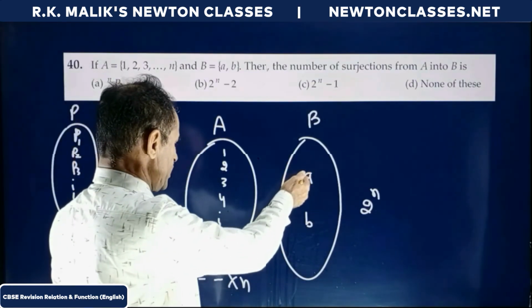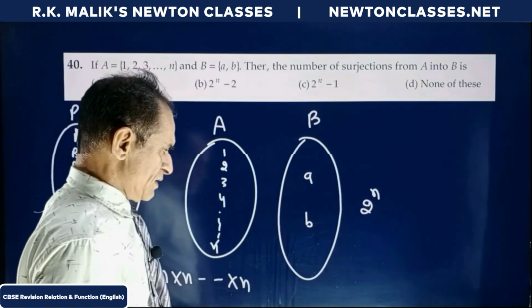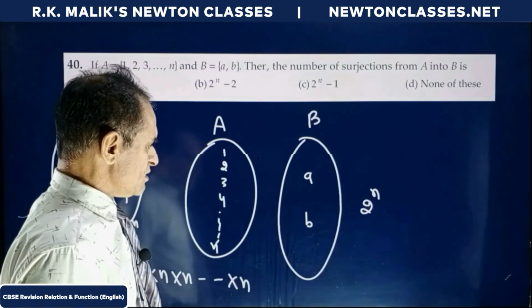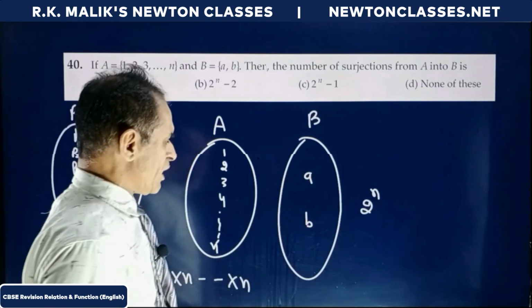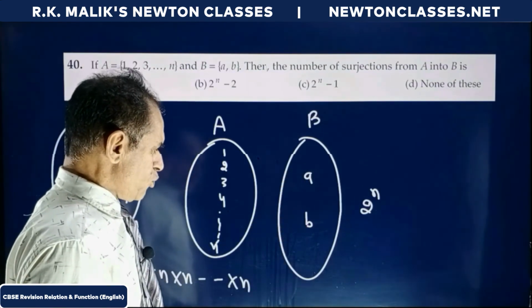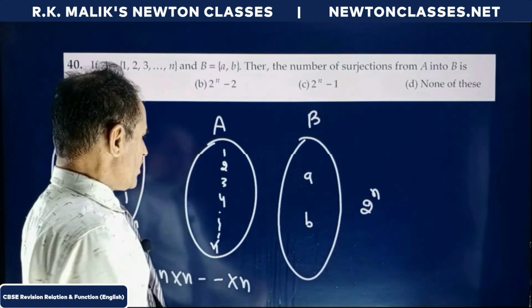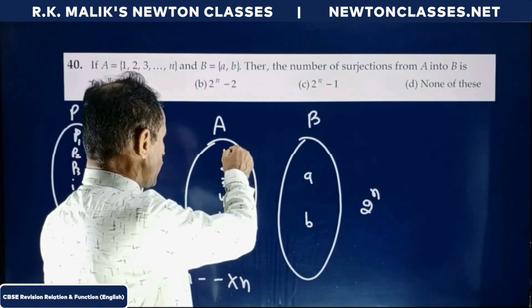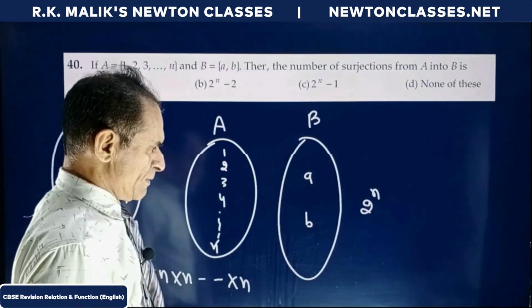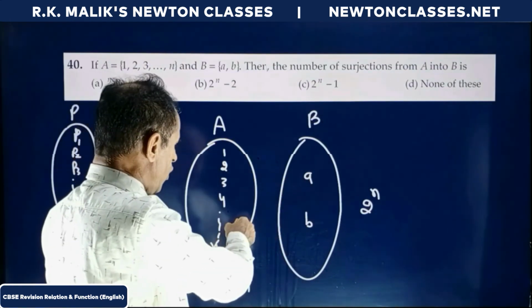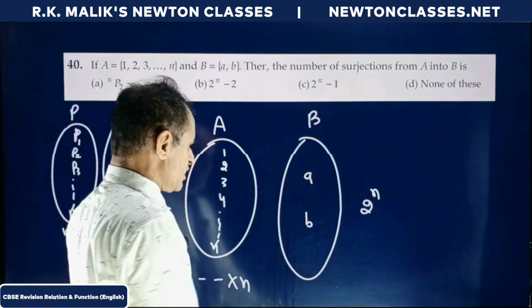Some arrows will go to a, some arrows will go to b. But there is one case in which all the arrows will go to a and no arrow goes to b. Or one more case when all the arrows coming out from A go to b and no arrow goes to a.